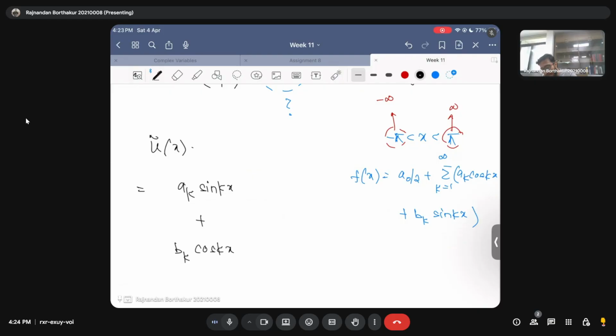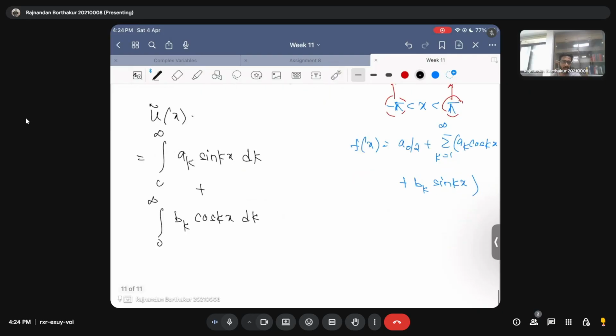But now instead of summing them up from k equal to 0 to infinity or 1 to infinity, we'll integrate them with respect to dk from 0 to infinity. What does it mean? It says that now, instead of having discrete wave numbers, it will have all the wave numbers, because my domain now varies from -infinity to infinity. And this is the idea of Fourier transform.